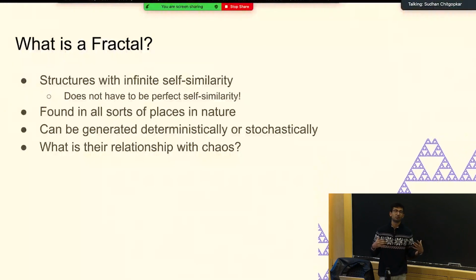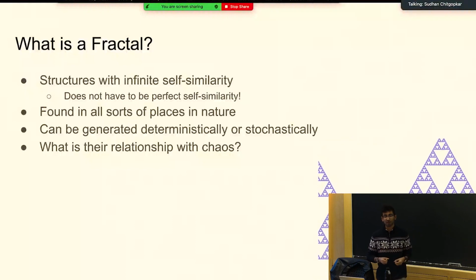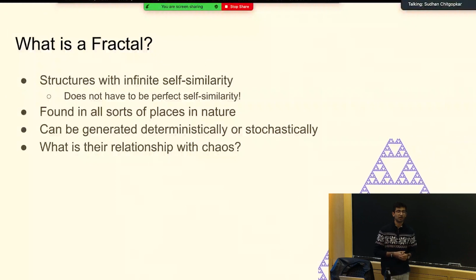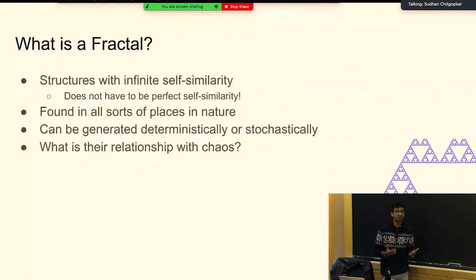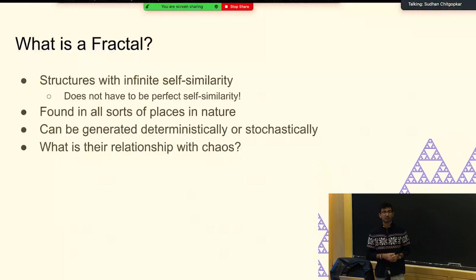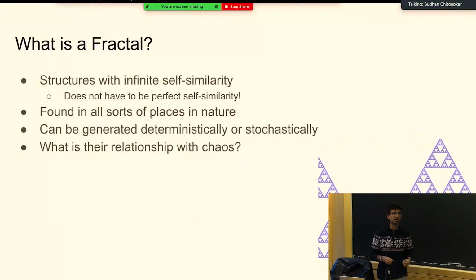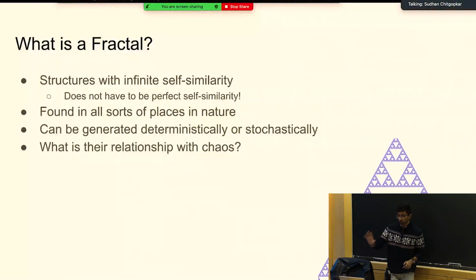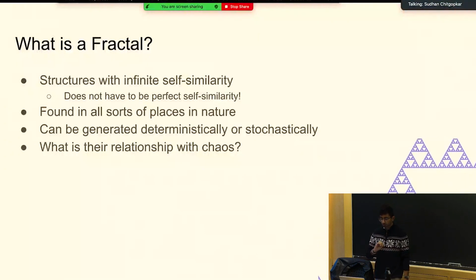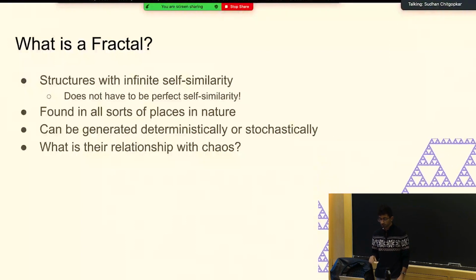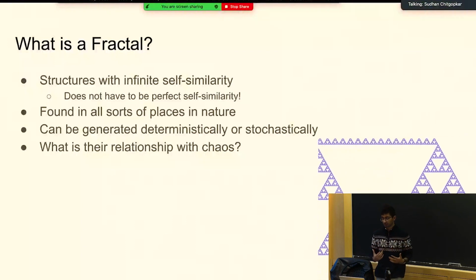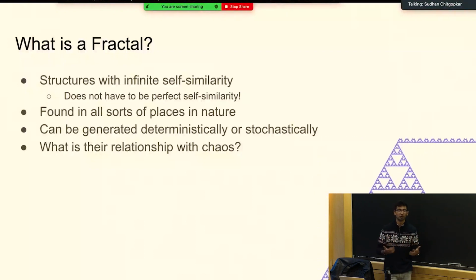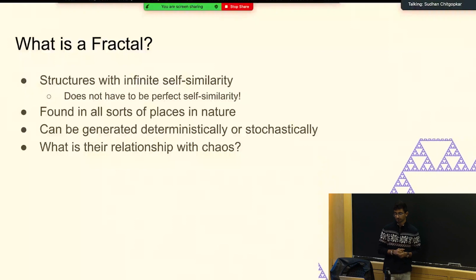If we're talking about fractals purely mathematically, we are talking about infinite self-similarity. But oftentimes, especially if we're talking about fractals in nature, they're not going to be patterns that are perfectly or infinitely self-similar. They're going to have qualities that are self-similar. You can see one example on the bottom right. That's one of my favorite fractals. It's Sierpinski's triangle. You can see that self-similar nature, right? You have the exact same pattern being repeated over and over and over within our fractal.